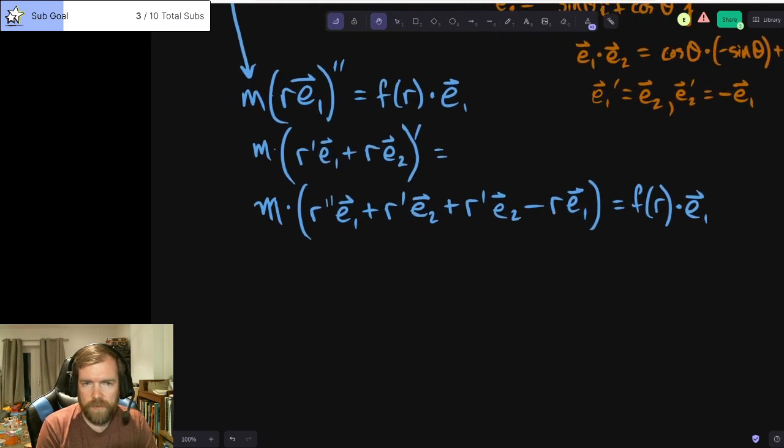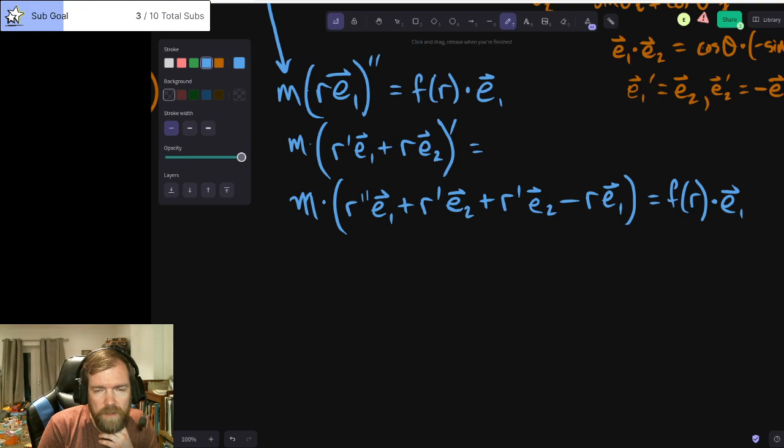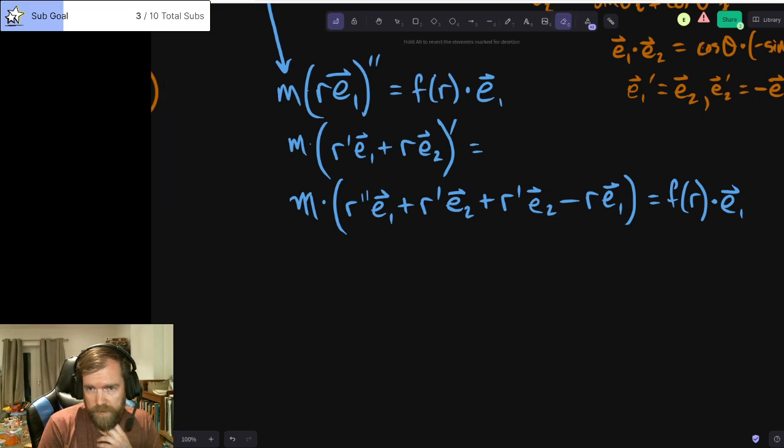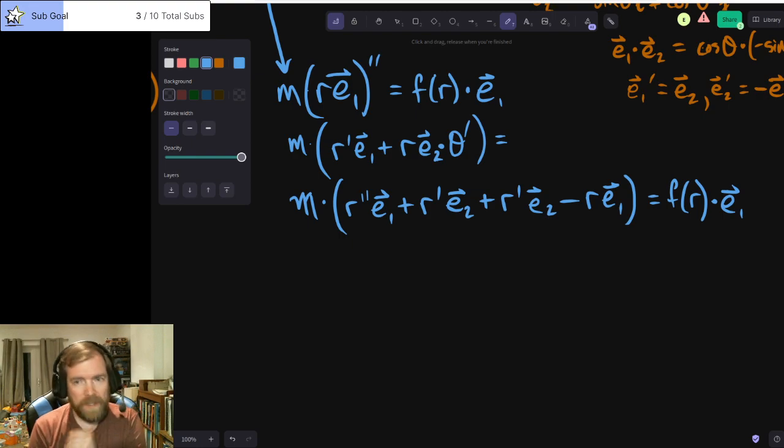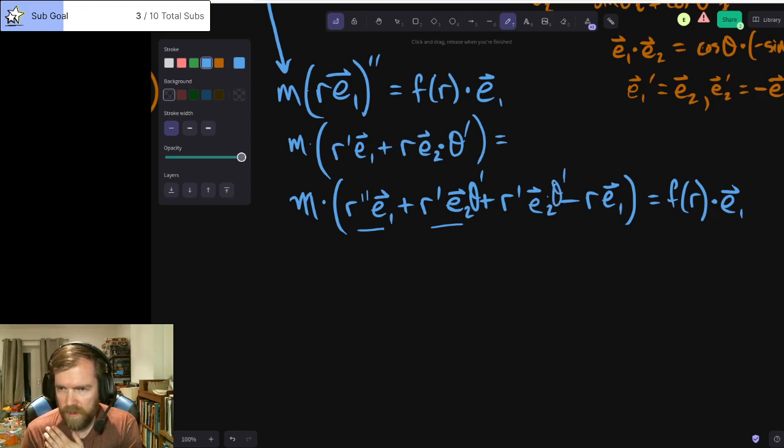So every time we take the derivative of one of our e's, we also need to incorporate theta prime as part of the chain rule. Okay, my fault. So this one we did not do any. This one we just did one. This one we also just did one. And this one we did two.